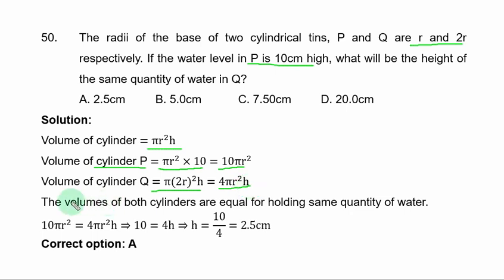For that reason, you have to equate the two results together, and when you divide through by pi r squared, you have 10 equal to 4h. Divide both sides by 4, h becomes 10 over 4, and that is 2.5 centimeters. A is the correct option.